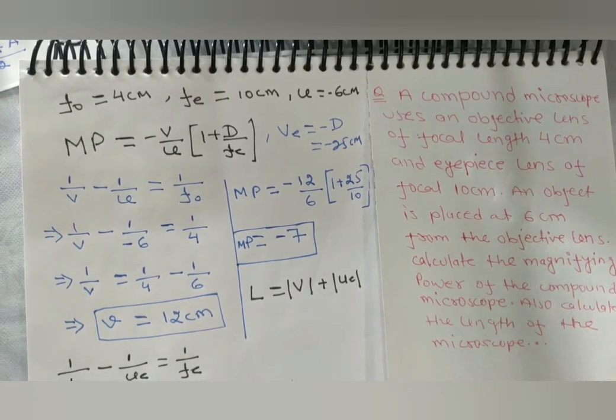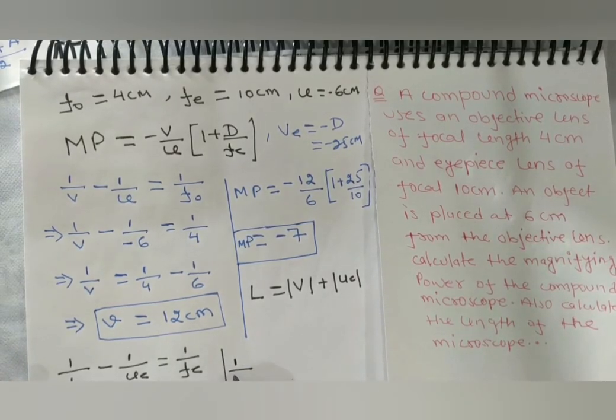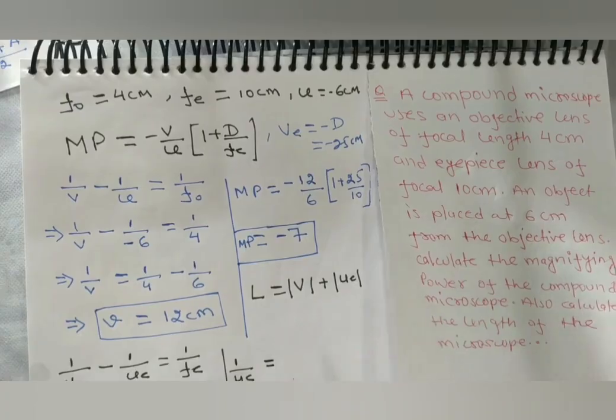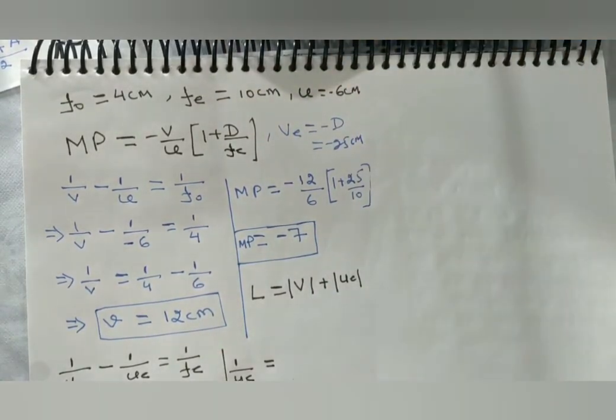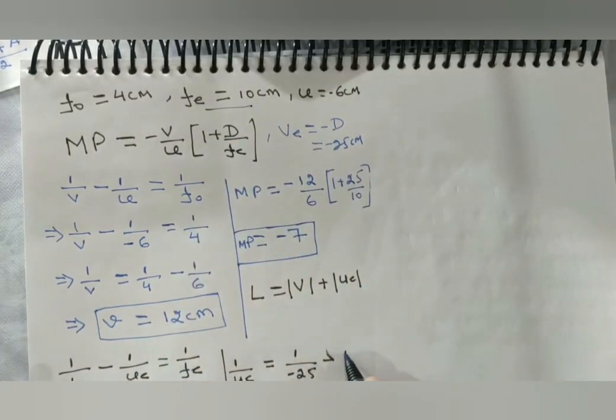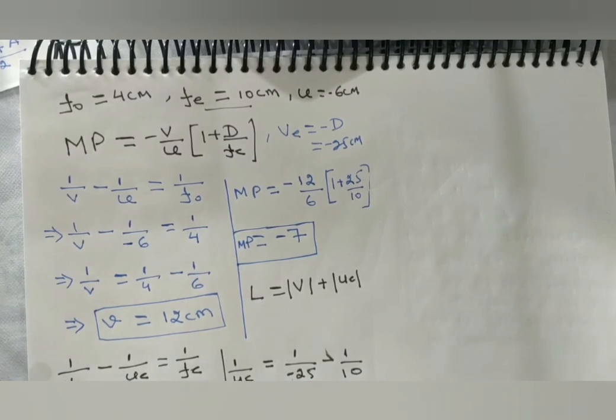Put the value: 1 upon UE equal to 1 upon VE. VE is minus 25 centimeter and FE is 10 centimeter. So on solving we will get UE equal to minus 7.14 centimeter.